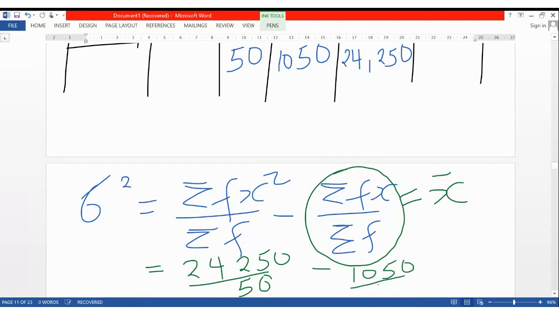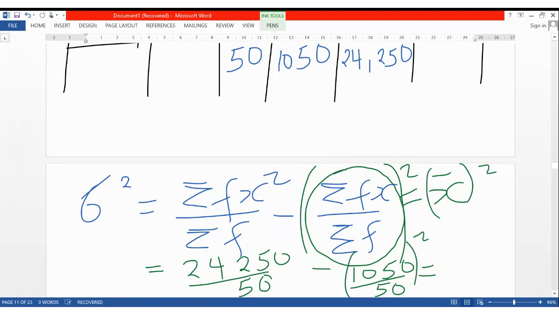And remember, this one is something I forgot. This one was squared. So this one is always squared. So if I do that one correctly, 24250 divided by 50.